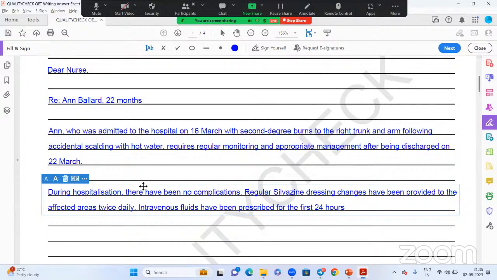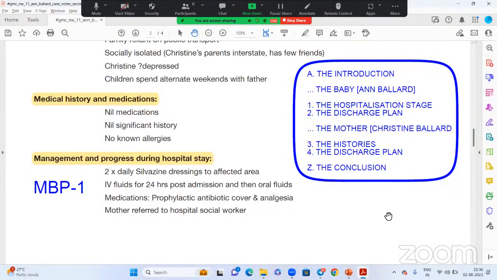Okay, intravenous fluids, comma, which have been prescribed for the first 24 hours, have been changed, have been ceased or have been stopped and have been substituted by oral fluids.